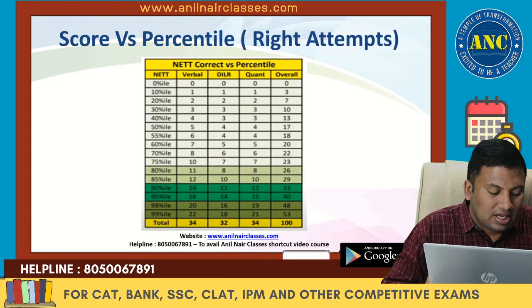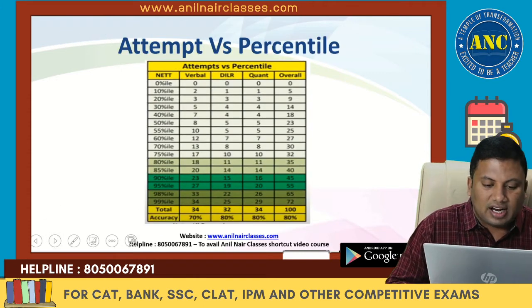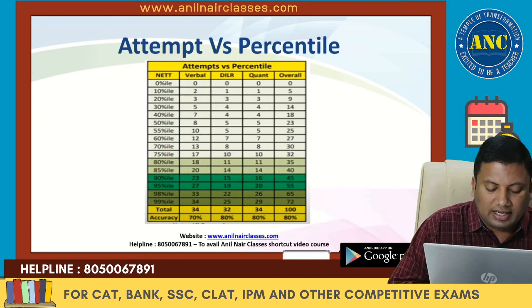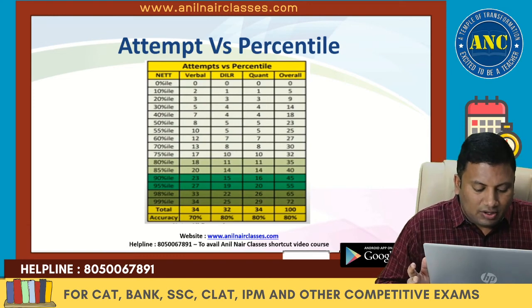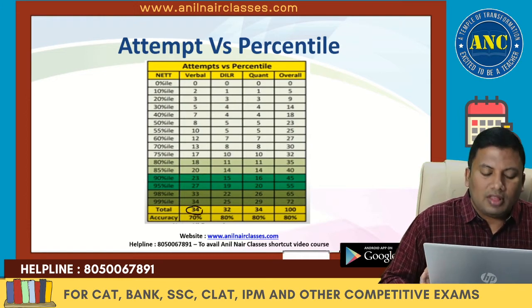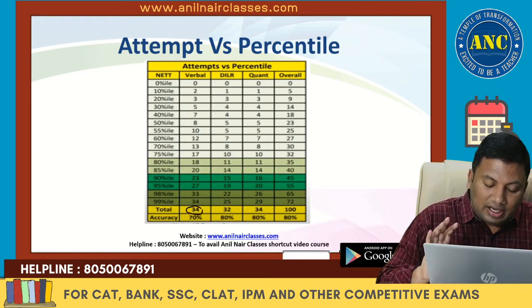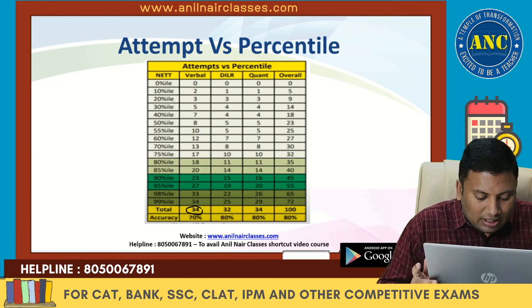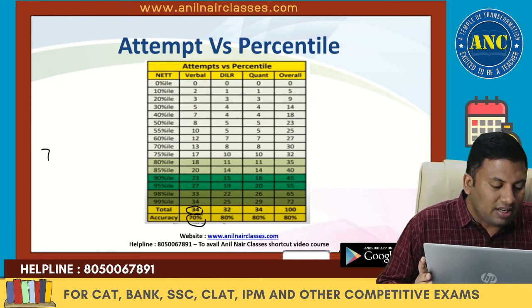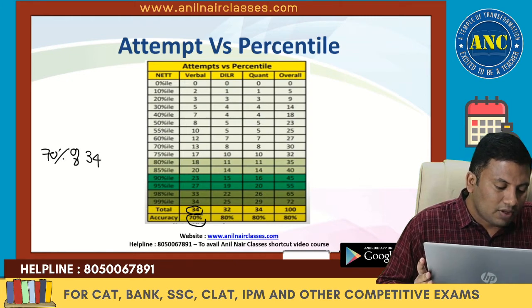Now let us get into accuracy versus attempts. Probably you will not be able to attempt all the questions right, so we will see accuracy versus percentile. 34 questions are there in verbal ability. Suppose you attempt the questions with 70% accuracy, 70% of the total 34 questions.